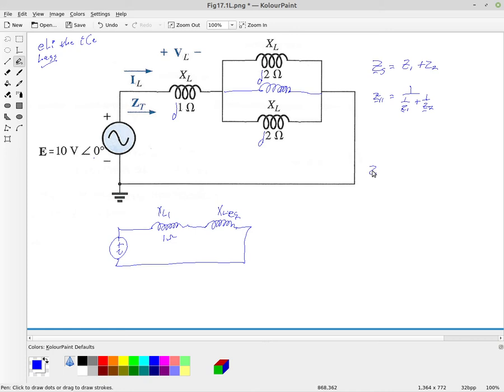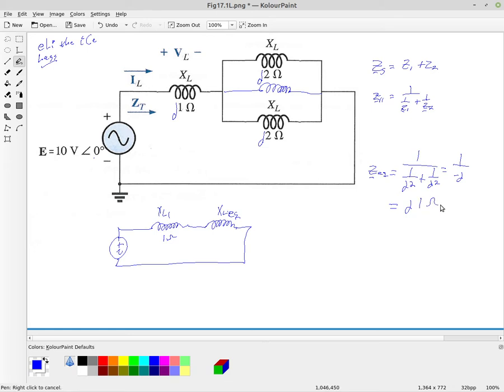So the Z equivalent now is going to be 1 over 1 over J2 plus 1 over J2, which is going to give us 1 over 1 over J. If we did that, it would give us a minus J up here, but then we do a 1 over J again, and that just gives us J1.